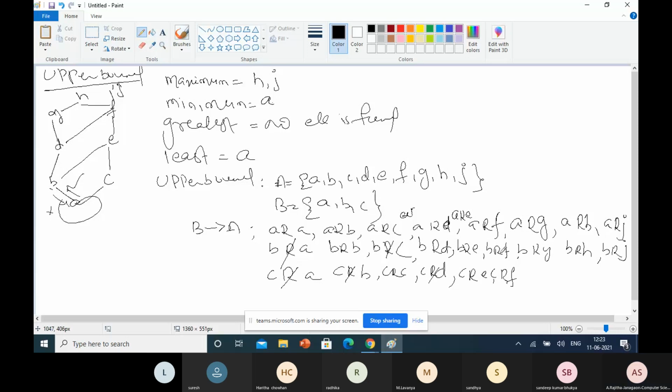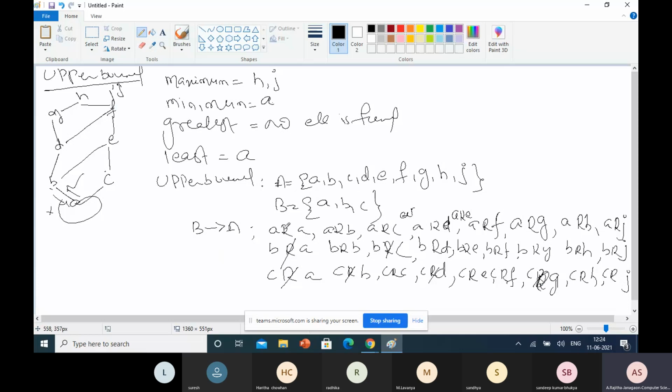Then Z, there is no relation with Z. Next C relates with H. C relates with H. C, E, F, H. And C relates with J. Here C relates to Z also, because C to E, E to F, F to H, H to G.